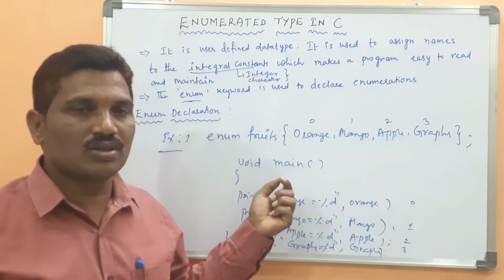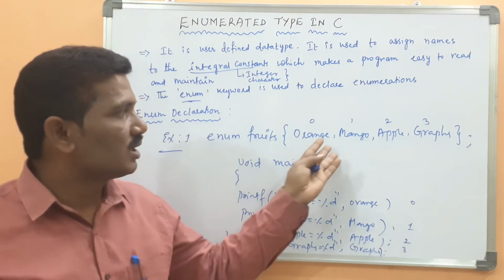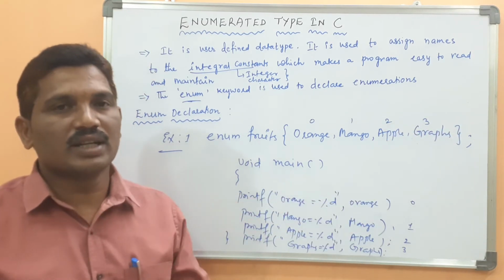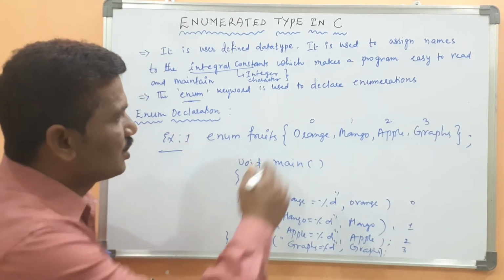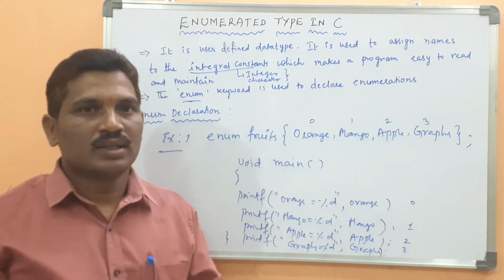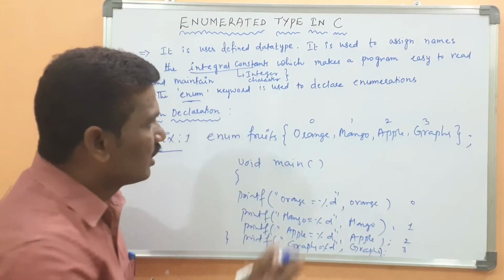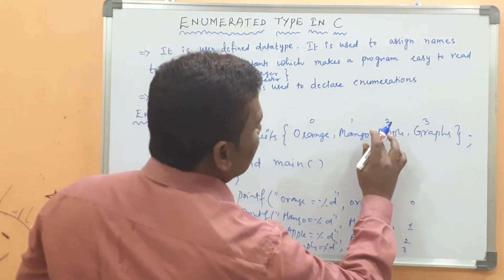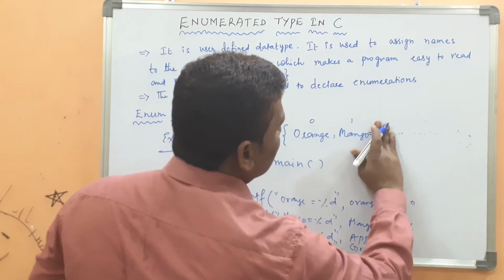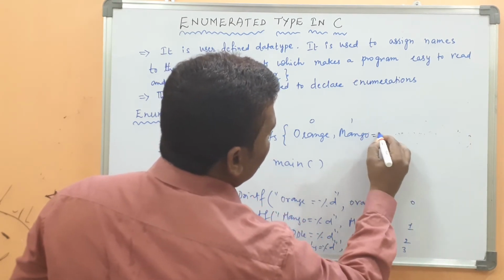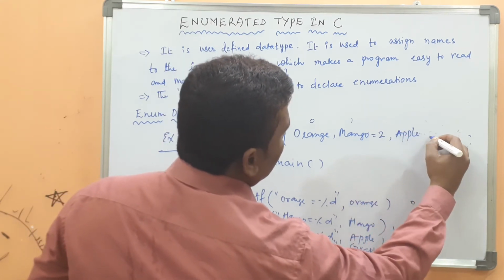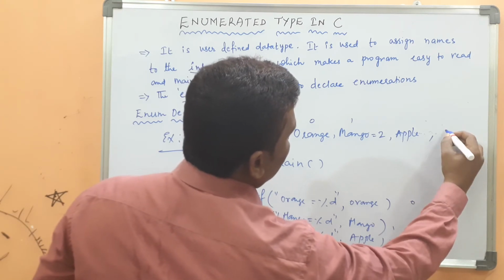The first enumeration constant's default value is 0, then subsequent enumeration constants are incremented by 1: 0, 1, 2, 3. If you want to initialize manually, yes, it is possible. Then look here: the mango equal to, then apple, then grapes.